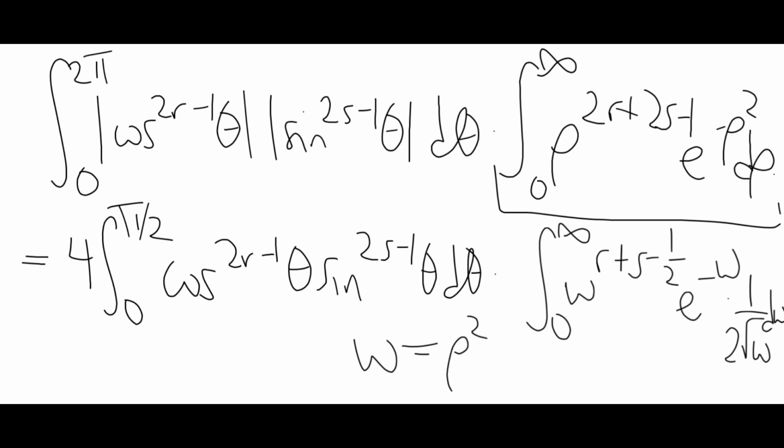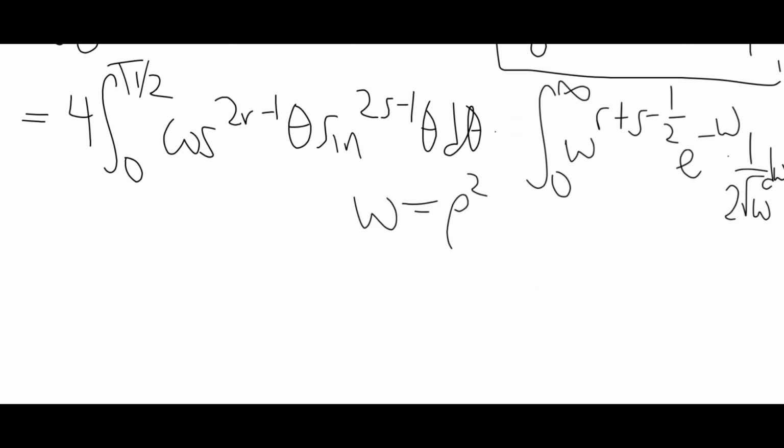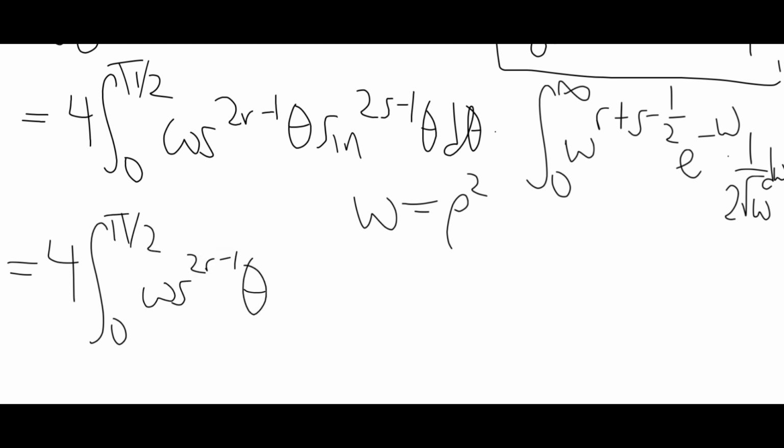Okay, so the exponent in this integral is really r plus s minus 1. And so I have 4 times this integral for theta. And then I have half the integral of w to the r plus s minus 1, e to the minus w.